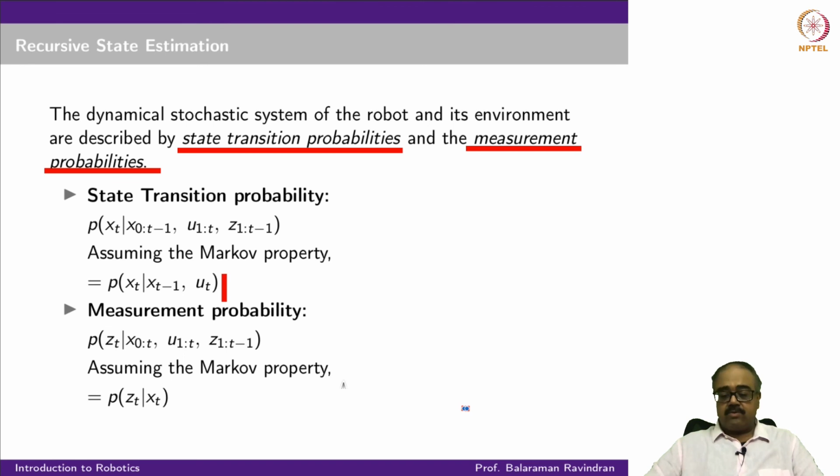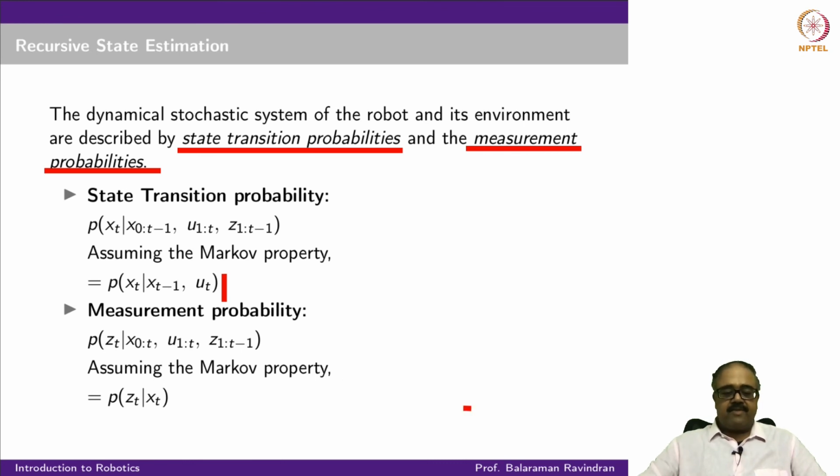Once I know xt, I don't need to know what action brought me to xt, and I certainly don't need the previous observations, states and actions. So I can simplify the measurement probability significantly into the probability of zt given xt.